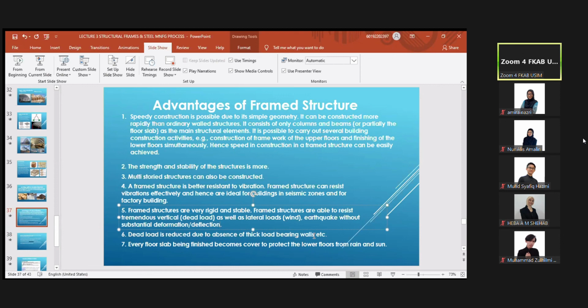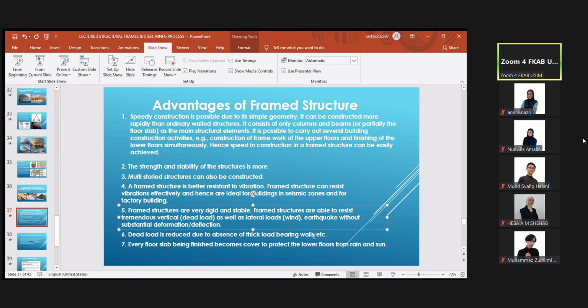Load bearing wall means the wall itself is load bearing. I was teaching semester 5 when you're doing the housing project. The whole unit of the housing is built of concrete wall. That means from below, they're supported by what they call a transfer beam, a huge beam.